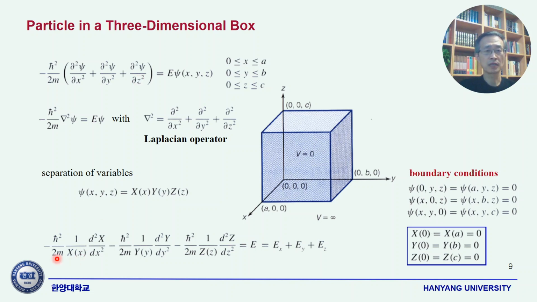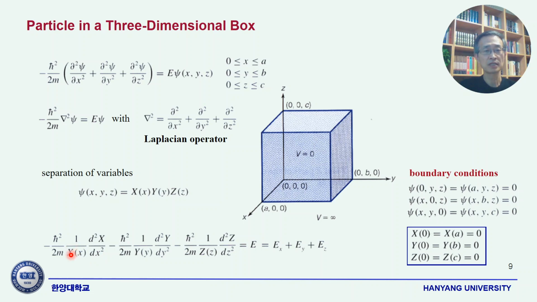So putting this over here, what you get is this, with X Y Z in front of d squared X over dx squared.